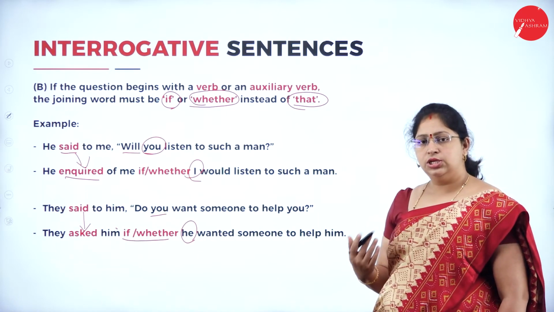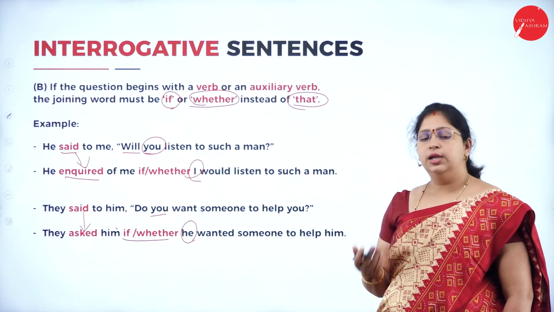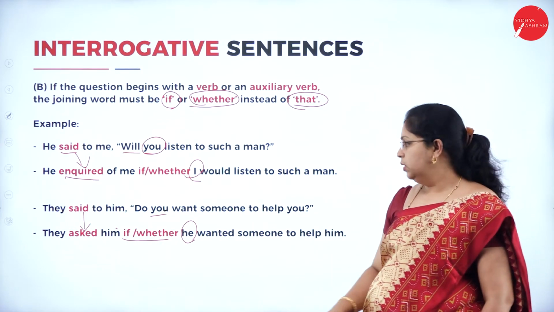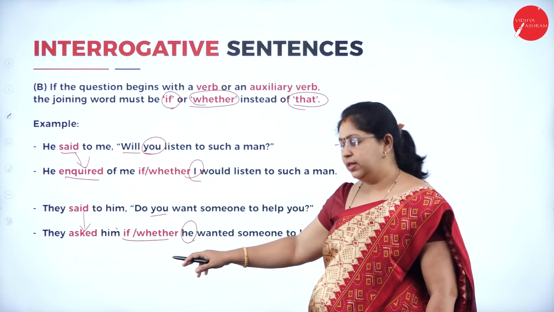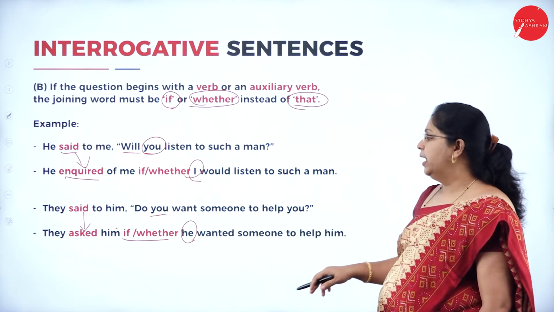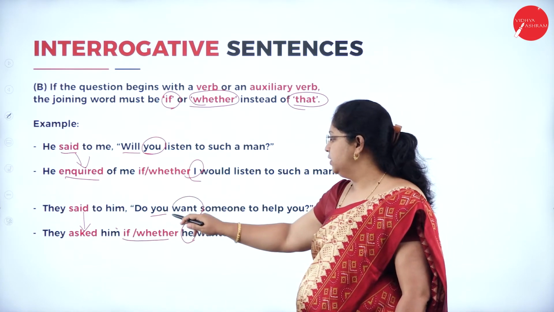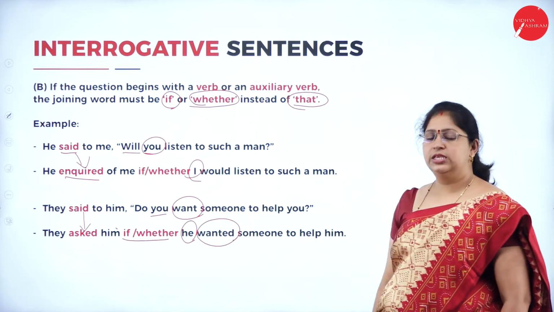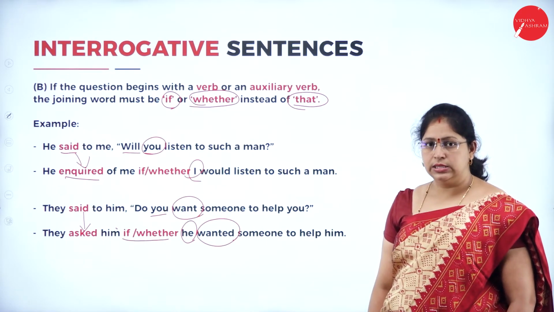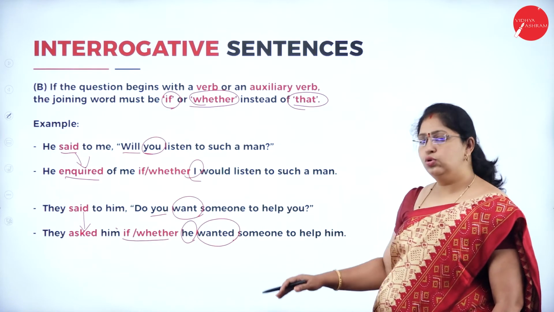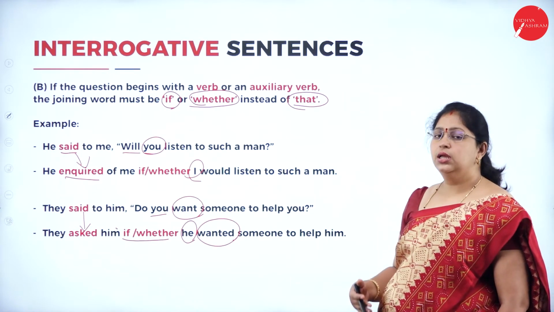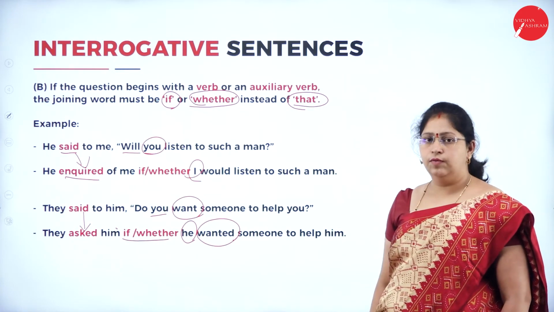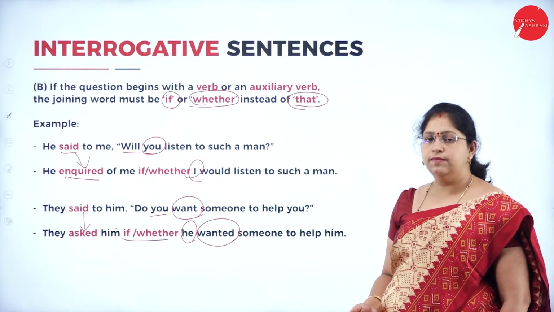This changing to third person depends on the sentence. "Do you want someone to help you?" Here, "if or whether he wanted someone to help him". So, what is the other change we need to observe? The present tense has become the past tense. Simple present has become past tense. Okay. So, these are the rules you need to remember when you are changing the interrogative sentences which start with auxiliary verbs.